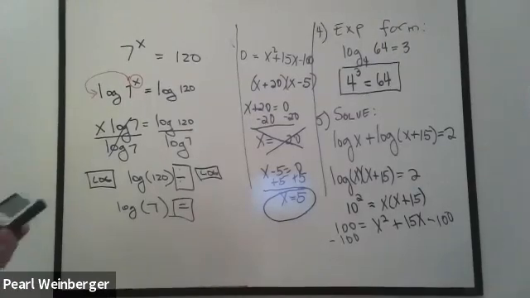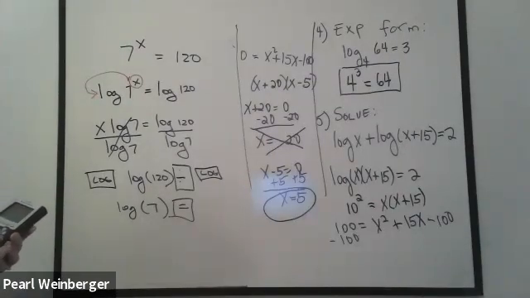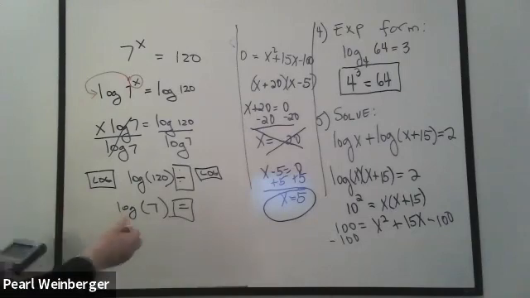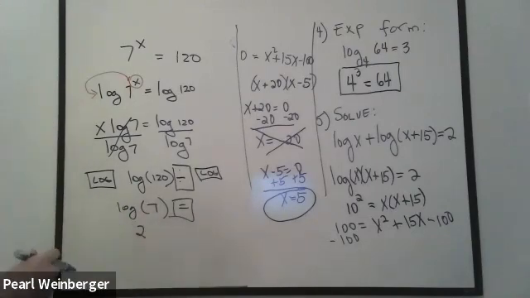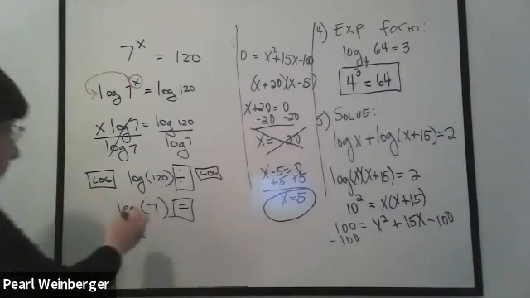And when I do that, log 120, close parentheses, divide, log 7, close parentheses, enter. Of course, I get a long decimal. It's not going to come out even. Let's say they ask me to the nearest hundredth. That means 2 decimal places.